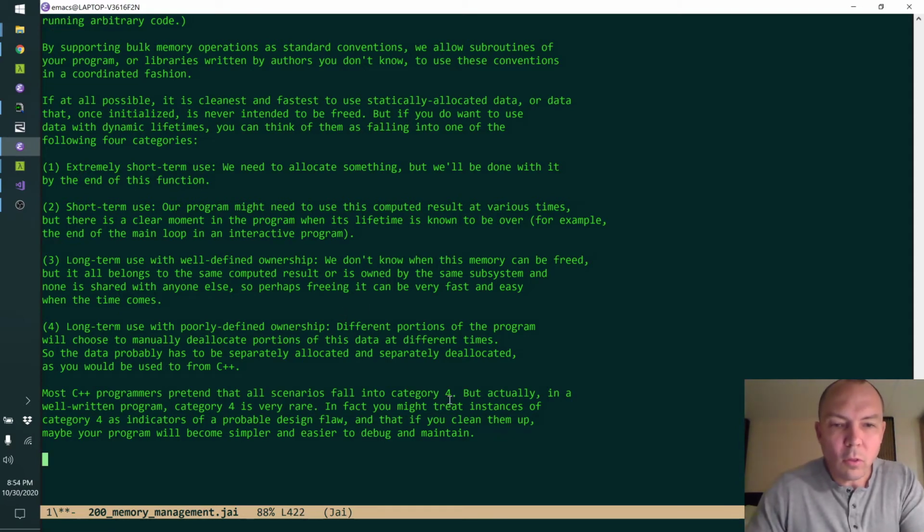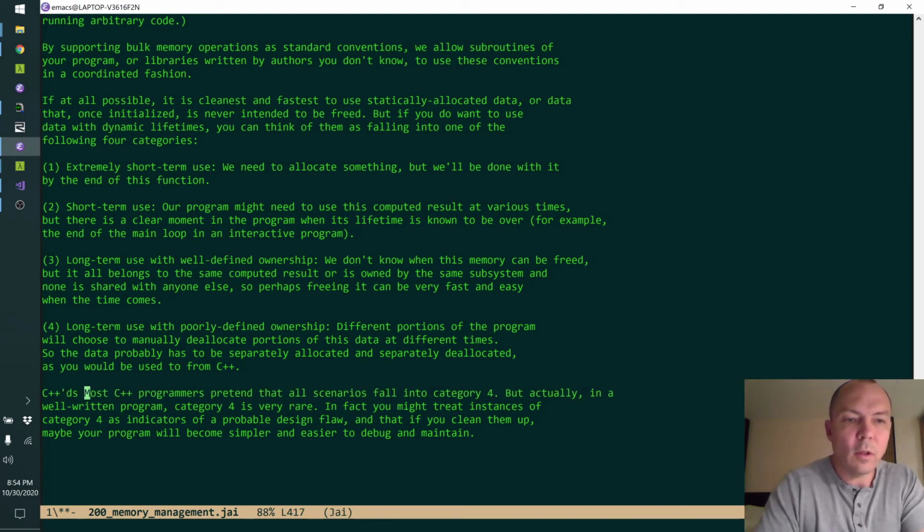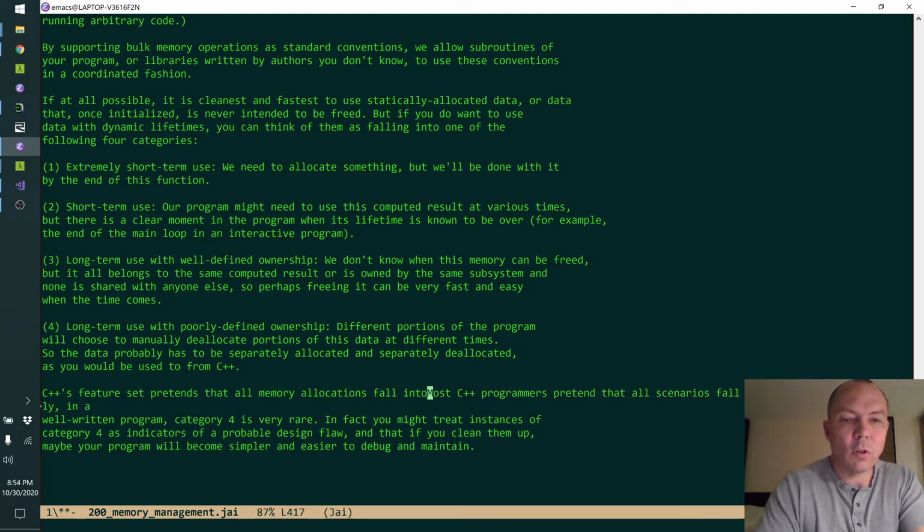Pretend that all scenarios fall into category 4. C++'s feature set pretends that all memory allocations fall into category 4.